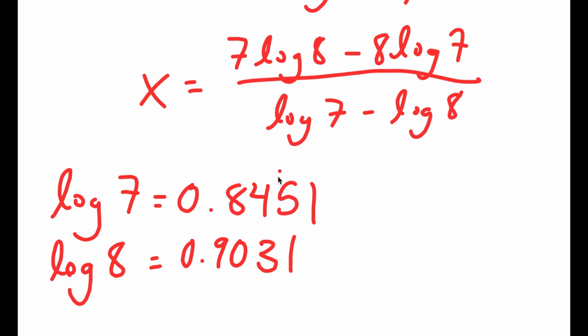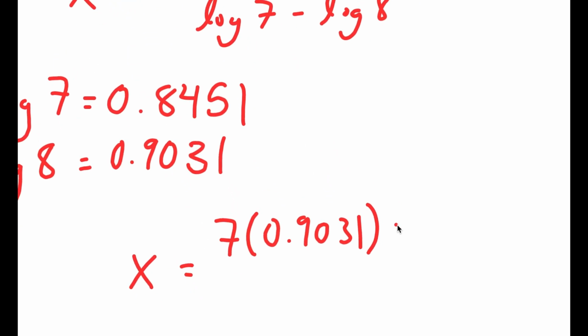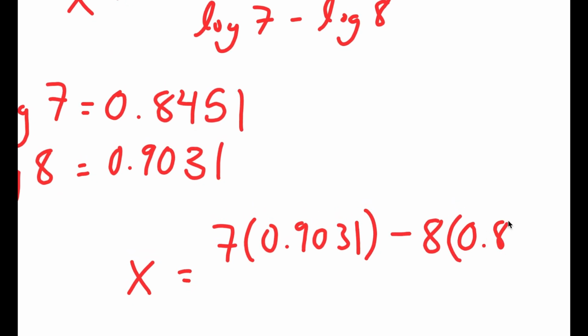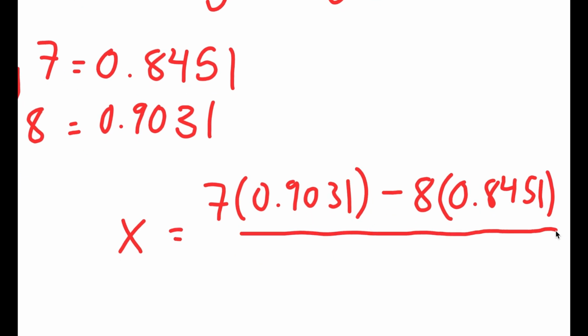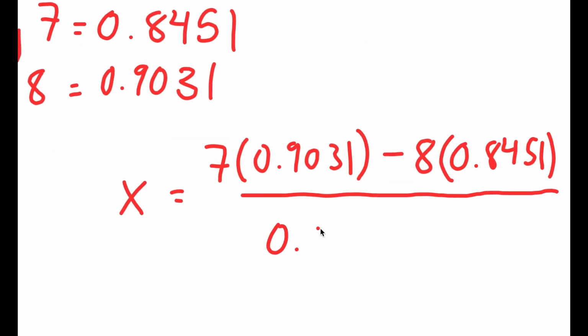So if I plug these values back in, I get x is equal to 7 times 0.9031 minus 8 times 0.8451. And I have this over log 7 minus log 8, which is just 0.8451 minus 0.9031.